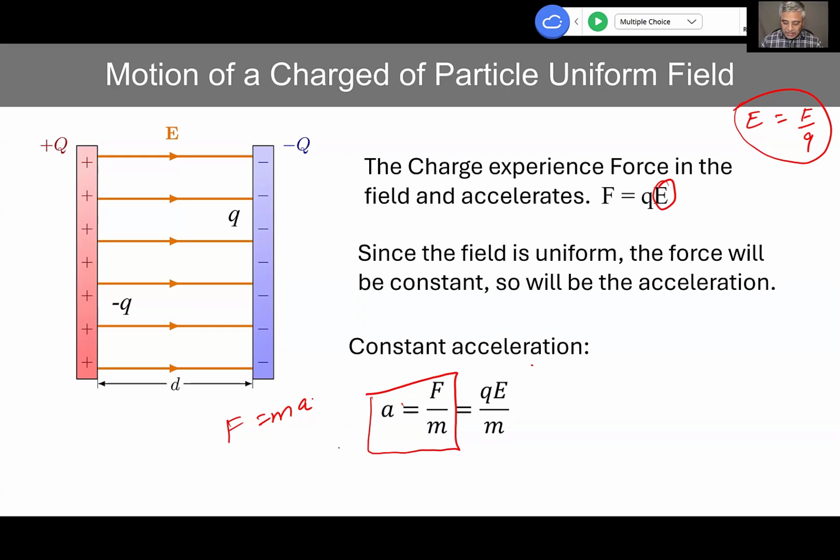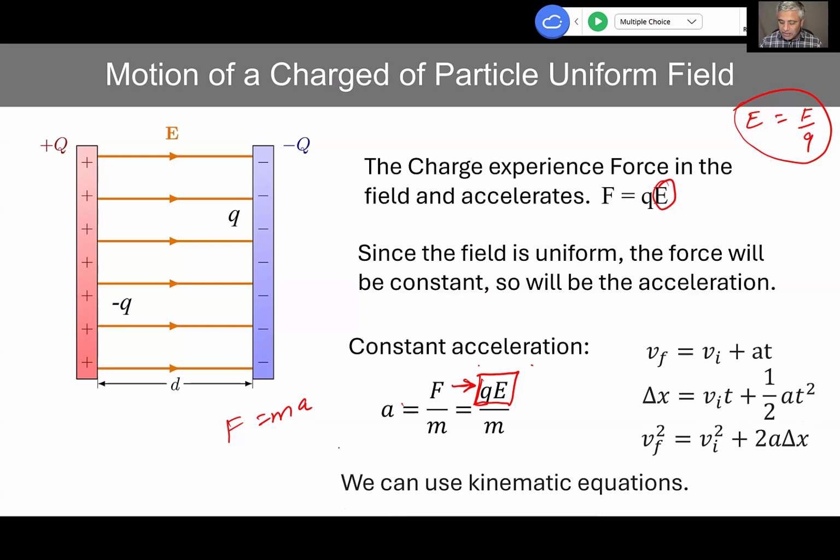Now, what is F? F is not mg. Sometimes when we had gravitational force, we replaced F by mg. But now we have electric force, so we have to replace the force by charge times the field.